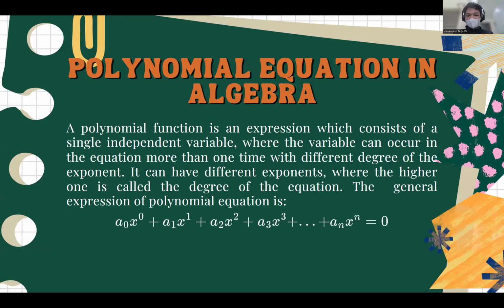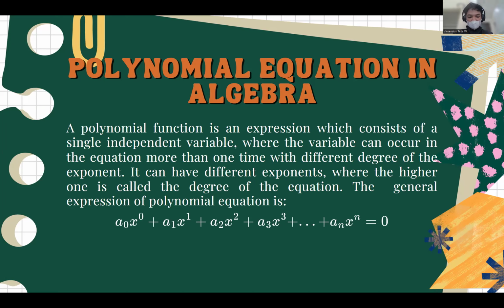Next slide. Okay, so in this case, I'm going to discuss polynomial equations in algebra. A polynomial function is an expression which consists of a single independent variable, where the variable can occur in the equation more than one time with different degrees of the exponent. It can have different exponents where the highest one is called the degree of the equation.